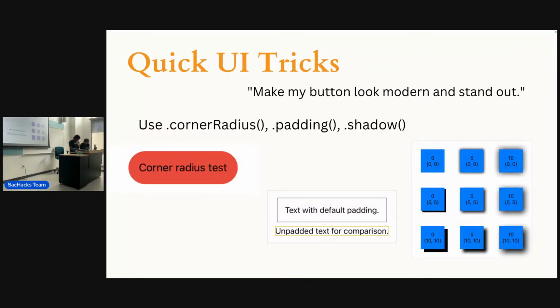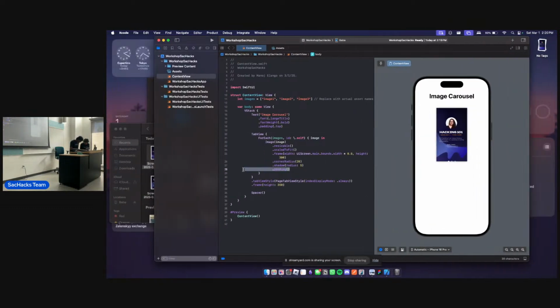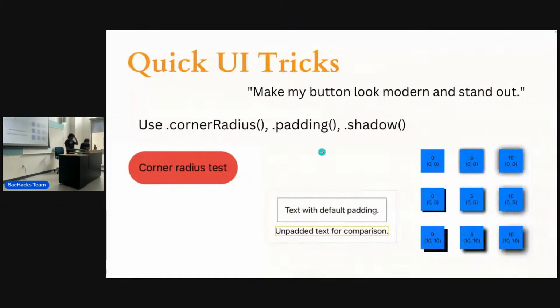And if you look at the code that ChatGPT had already written, it used padding and tried to add some shadow effects and some corner radiuses, but those are things that can make your code look beautiful. So corner radiuses will make your buttons look better than just square buttons. And adding padding to text adds more space instead of unpadded text, which looks really bad.